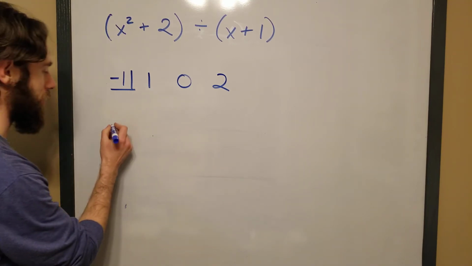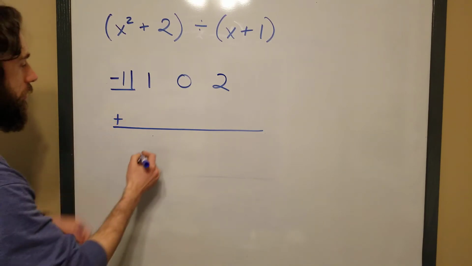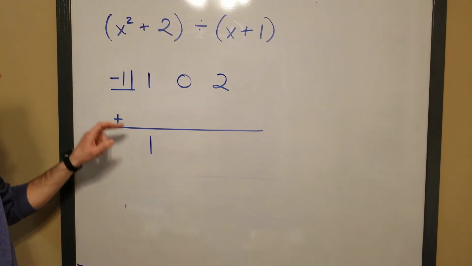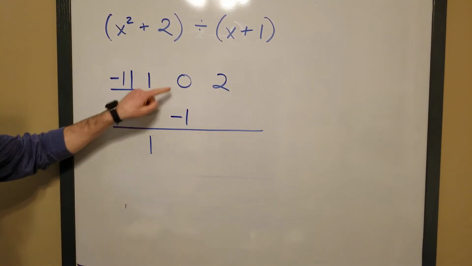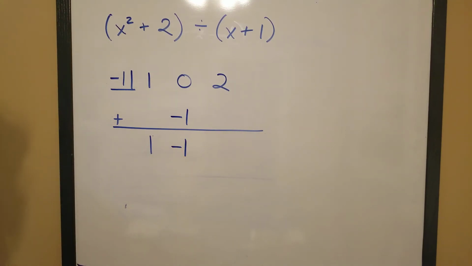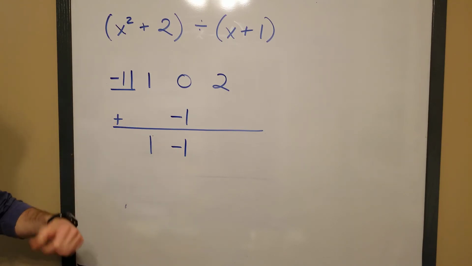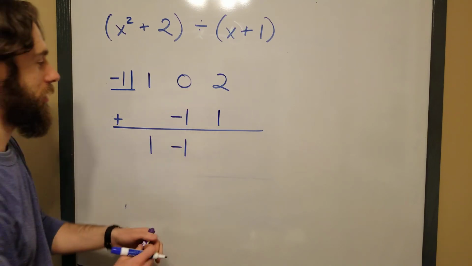And then we're going to do the same process. So bring down your first one. Then you do minus 1 times 1 is minus 1. 0 minus 1 gives us a minus 1. Minus 1 times minus 1 is positive 1. 2 plus 1 is 3.